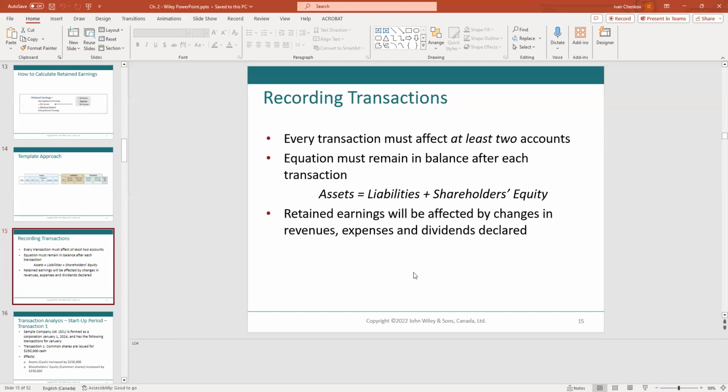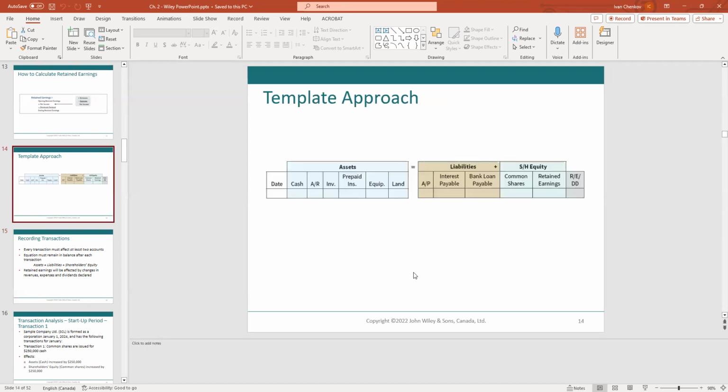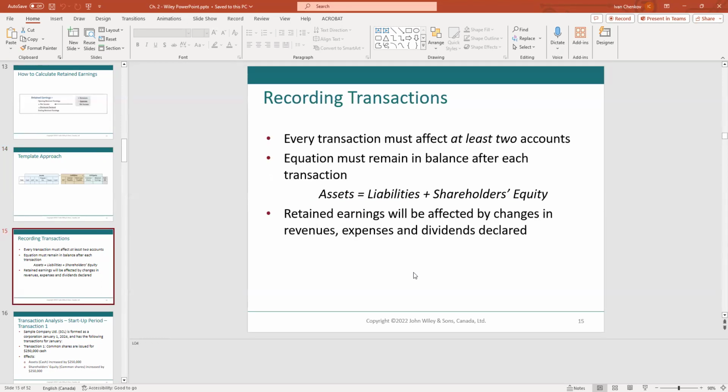In recording transactions, every transaction must affect two accounts. And we always have to keep in balance: assets equal to liabilities and equity. If we follow this rule, you're never going to make a mistake. That's why accounting is super easy. You just have to keep it in balance.